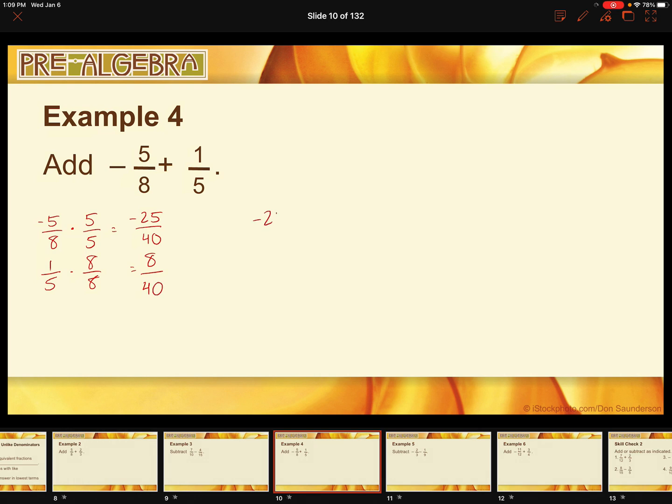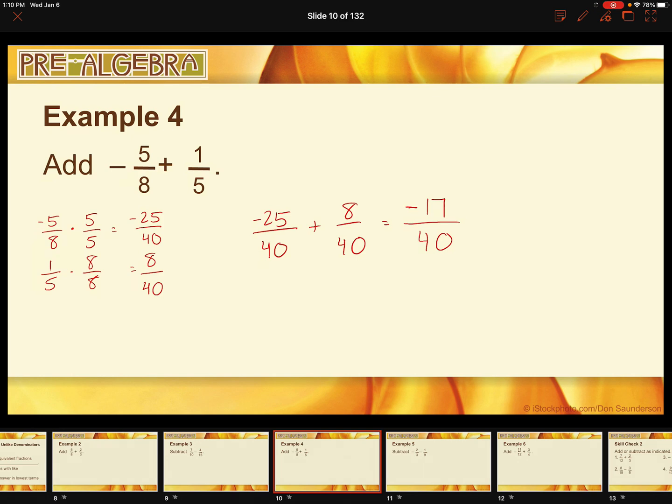I'll rewrite my problem. I know my common denominator is 40, so I can rewrite that. A negative plus a positive, you can use your calculator to help you, but remember, you're going to take the sign of the one with the bigger absolute value, so it's going to be negative, and I can subtract. 25 minus 8 is 17.